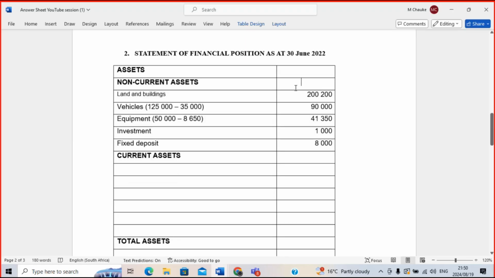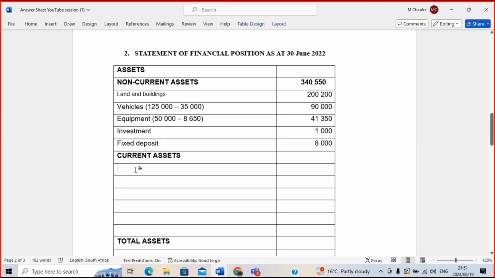How much is your non-current asset there? You got 340,550. That is correct. Let's move quickly to our current assets.